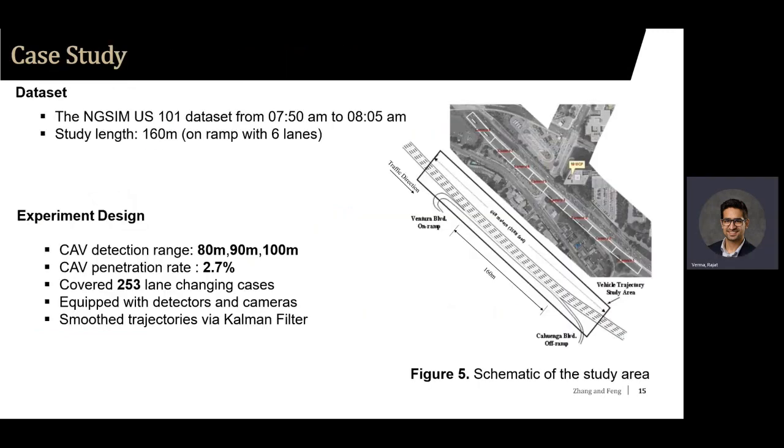So the time period is the AM period, right? 7:50 AM to 8. Yes, AM peak. So in this case the traffic situation would be congested, right? Yes, it's congested. Because I think there is so much noise in the acceleration rate. That's why we applied the Kalman filter to smooth it. We want to reduce the noise.